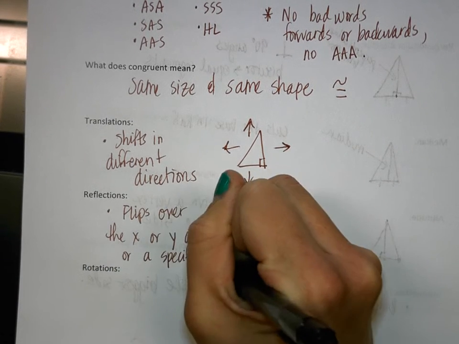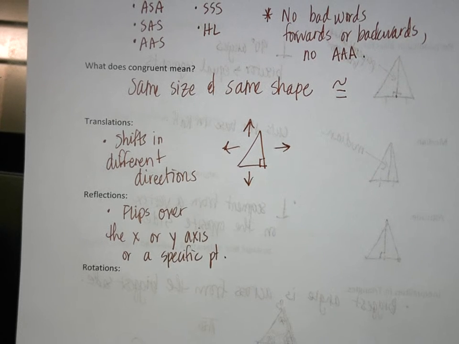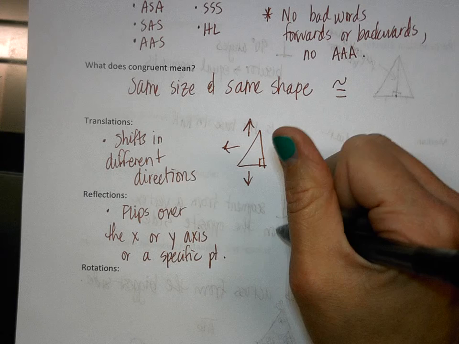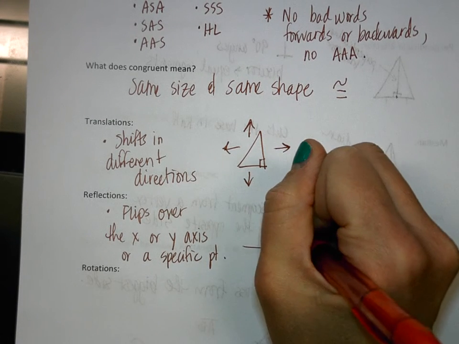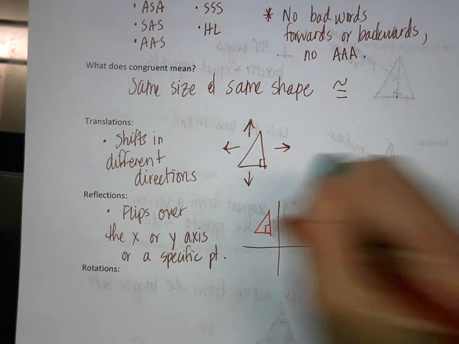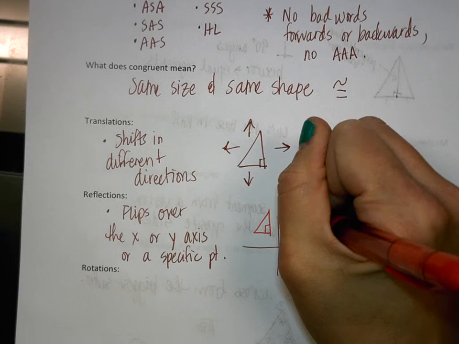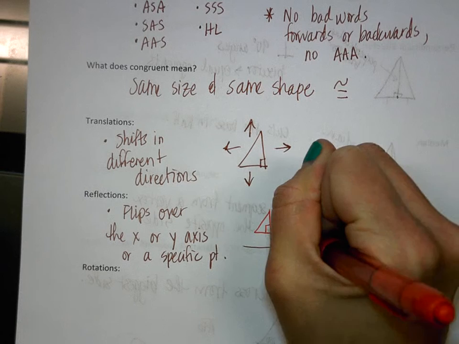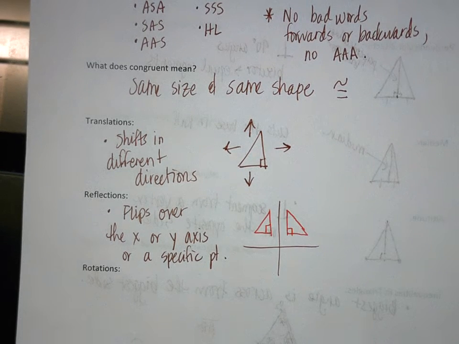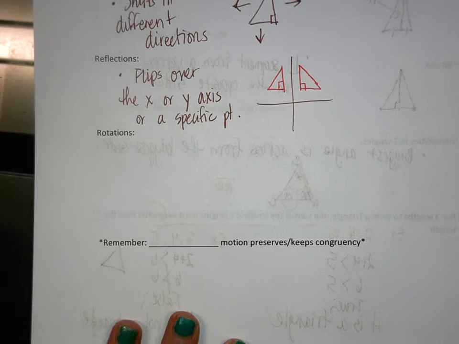But most of the time when we're dealing with this, it's going to be reflecting over the X or Y axis. And so if I were making a reflection, let's say over the y-axis, and I started with a triangle like this, the reflection ends up becoming this. Although you guys can probably draw a lot better than me.